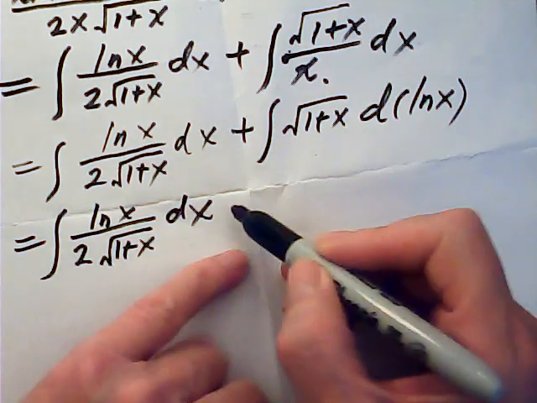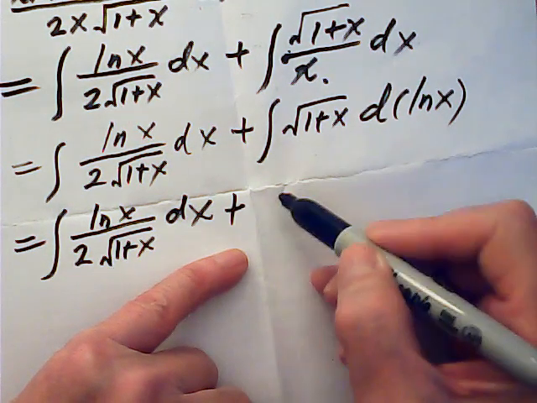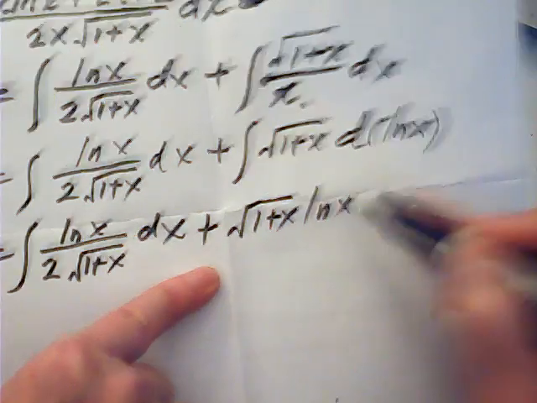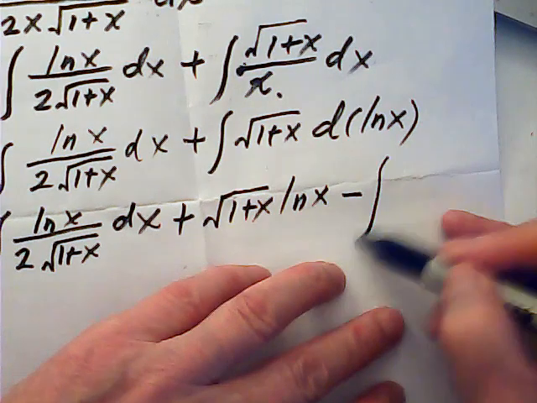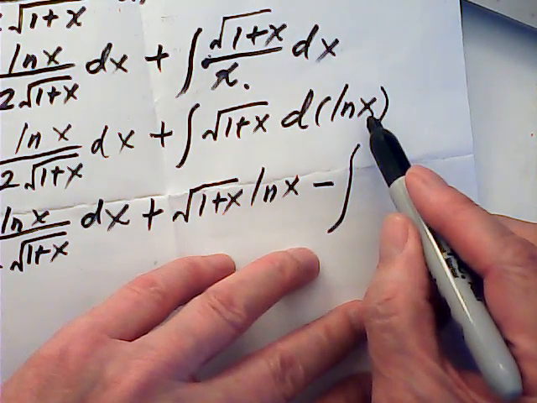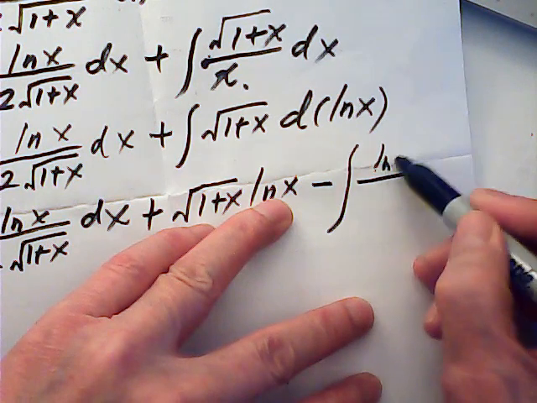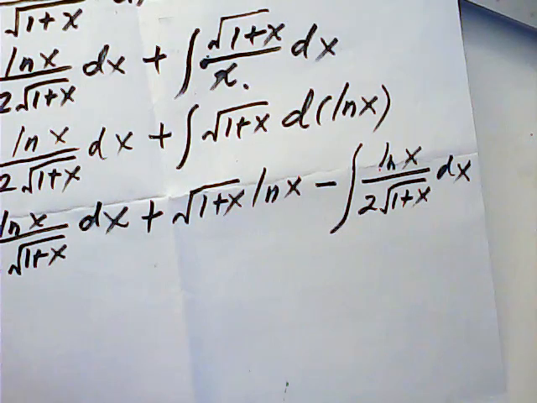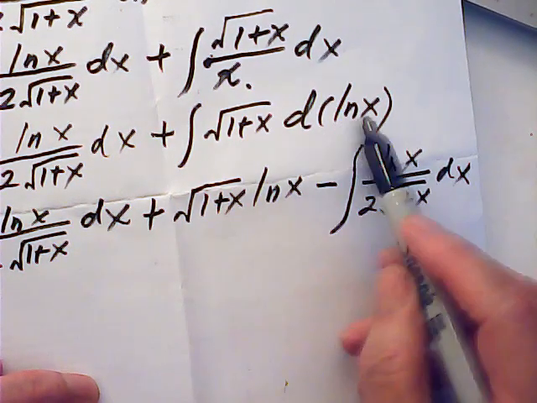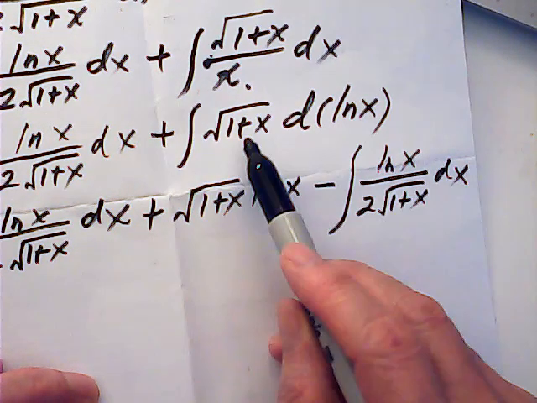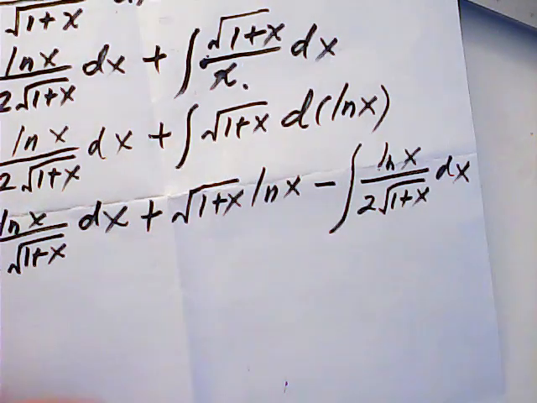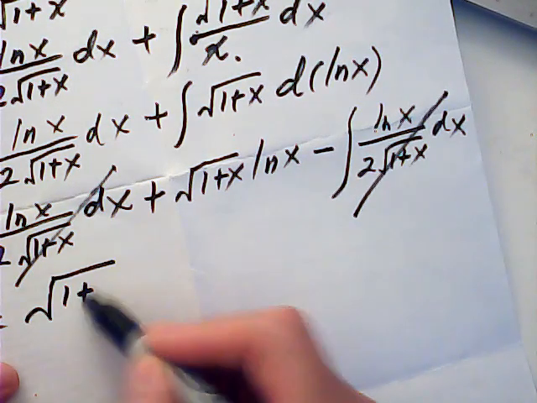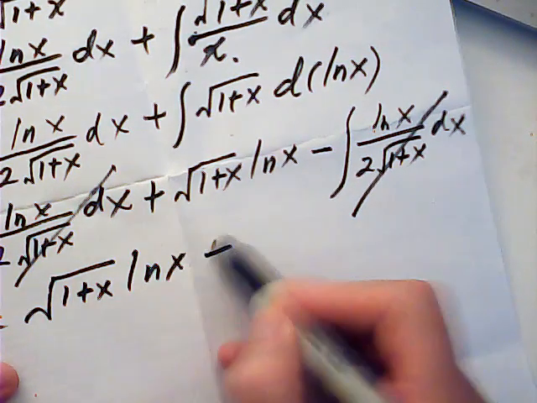Integral u dv is equal to uv, 1 plus x log x, minus integral v du. V is this. Du is equal to this, right? This is log x over 1 plus x. Yeah. U dv becomes v times du. The derivative of this one is this. So that one cancels this one, you see? This one equal to log x plus c.